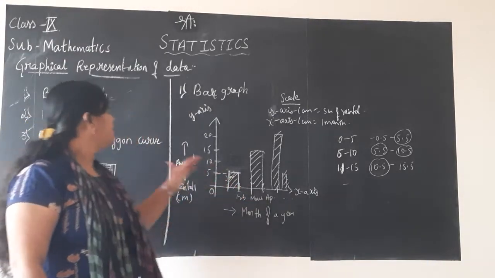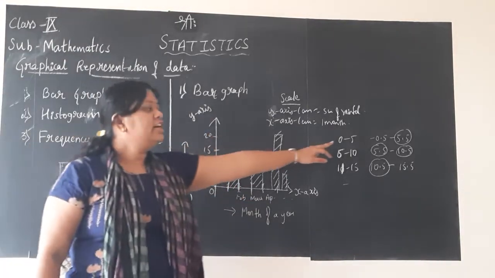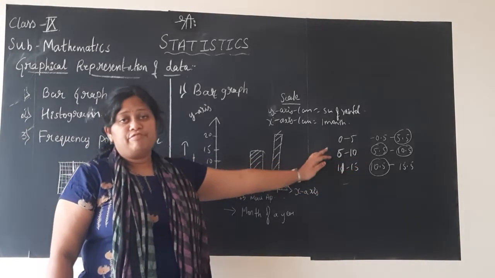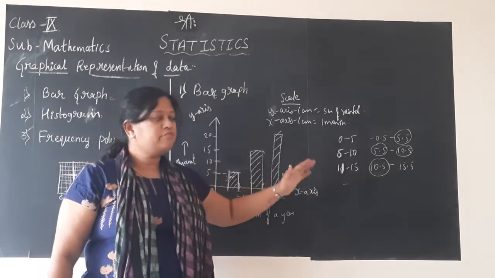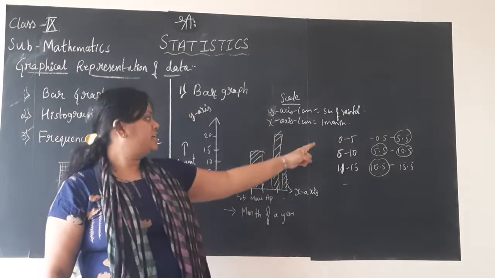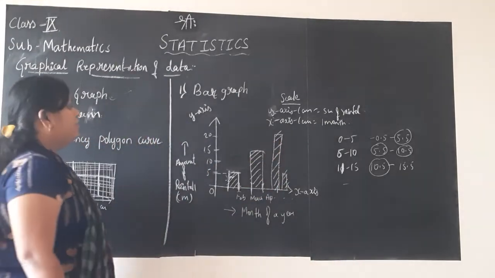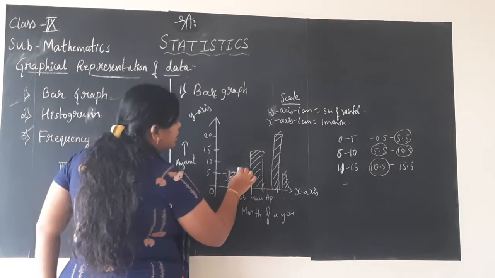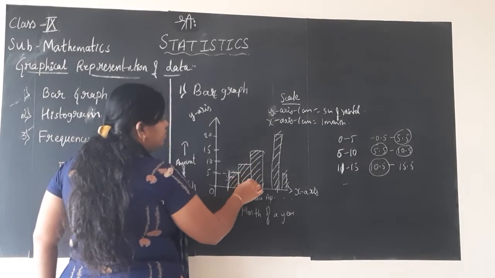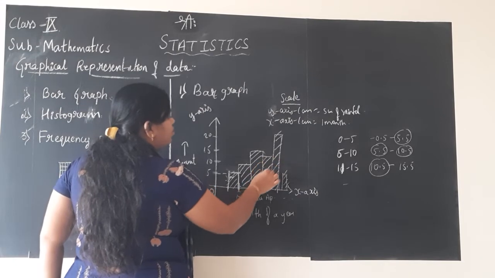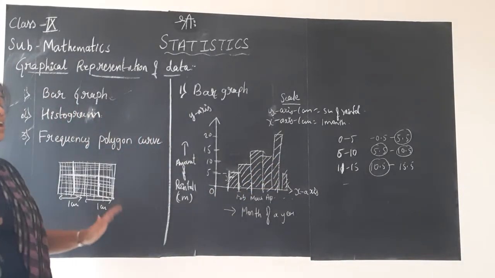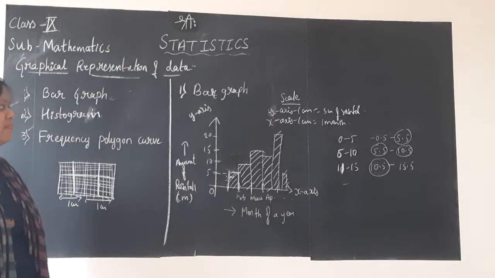So to plot the histogram, the given data should be in continuous distribution form. If the given question is not in that form, then you should make it continuous by this method. This is a bar graph. If a histogram is asked, the gap will not be left in between the bars. That is the only difference between the bar graph and the histogram.